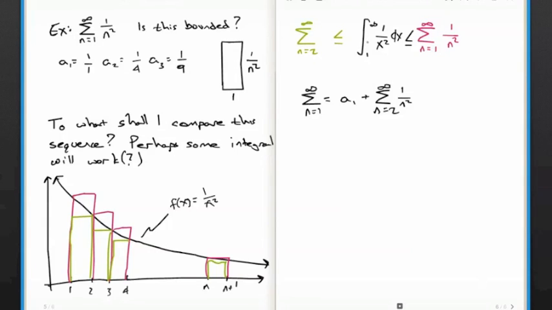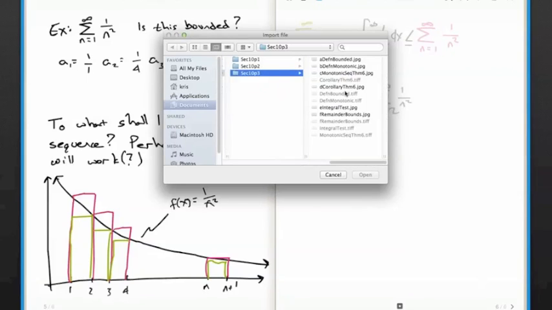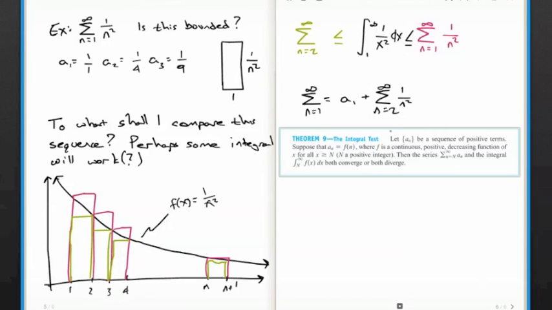All right, and now here's where we might take a look at a more formal definition again. That will be the integral test. Here we go. And that says, let a sub n be a sequence of positive terms. Suppose that a sub n equals f of n, which is kind of what I've got, 1 over x squared, 1 over n squared, where f is a continuous, positive, decreasing function.